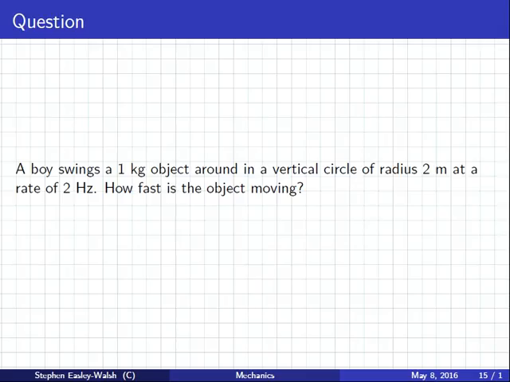I'll pick on you. Do you know this verb, swings? It's a verb and it's a noun. I think last time we used it as a noun. As a noun, it's this.